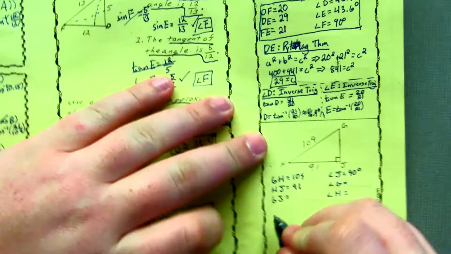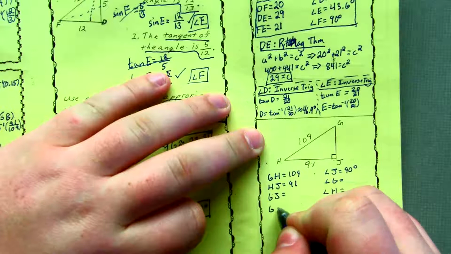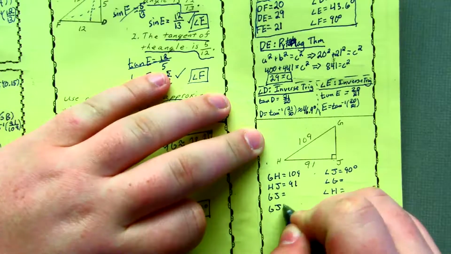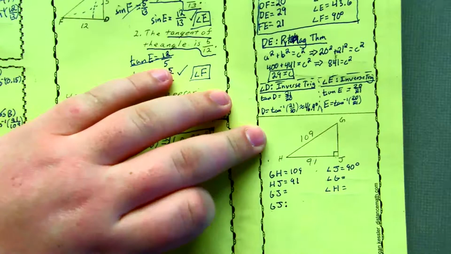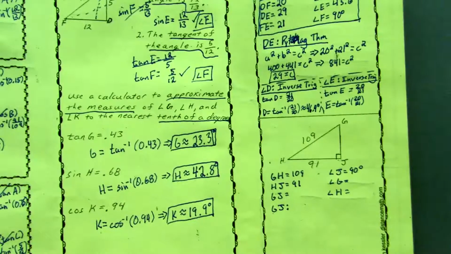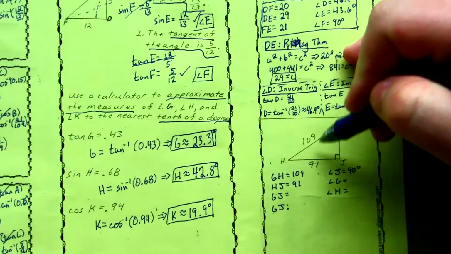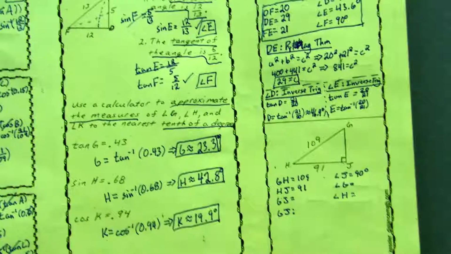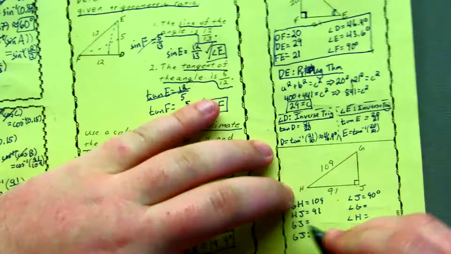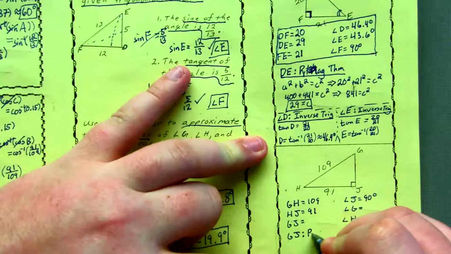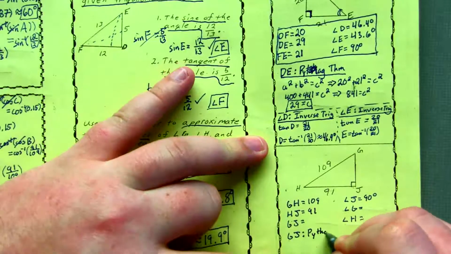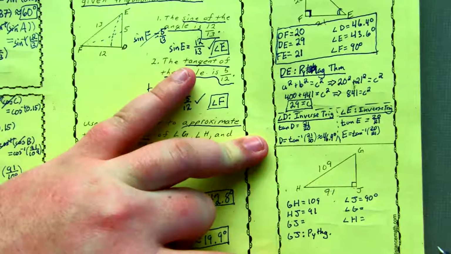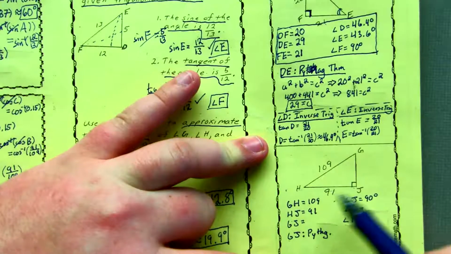I'm going to start by solving for GJ. I look at GJ and I say, we've got 2 sides here. So let's use the Pythagorean theorem or its converse. If we remember, the theorem gives us a hypotenuse.